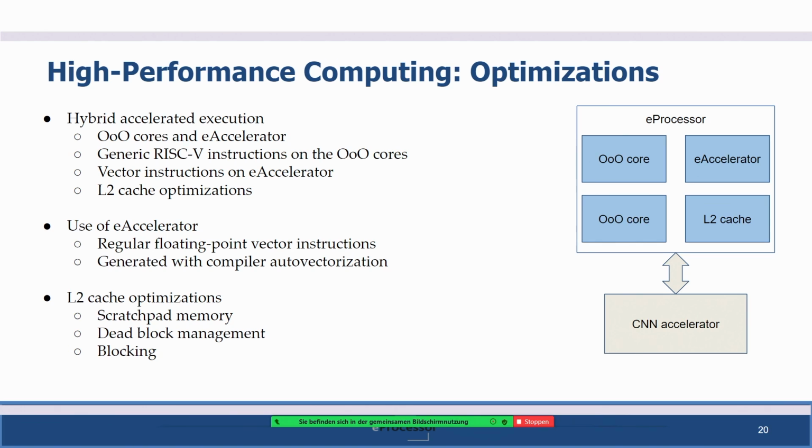In the eAccelerator, we're going to use regular floating point vector instructions generated with the auto-vectorization features of the compiler. And for the L2 cache optimizations, we're going to use the scratchpad memory, the block management, and we're going to also perform blocking at application level, so we can also stress this part of the architecture, this L2 cache.